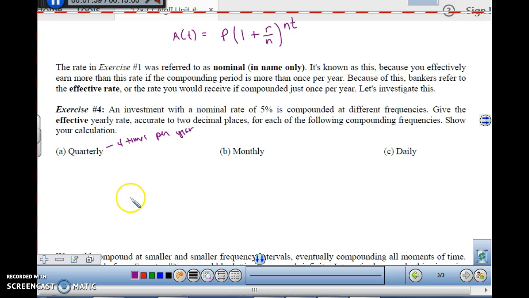Whatever amount you would have would be 1 plus your rate, 0.05, because that's 5%. Quarterly, it's 4 times a year, so we divide by 4. And how many times would it be applied over a year? It would be 4 times in 1 year, so it's 4 times 1. So it would be 1 plus 0.05 divided by 4, to the 4th.